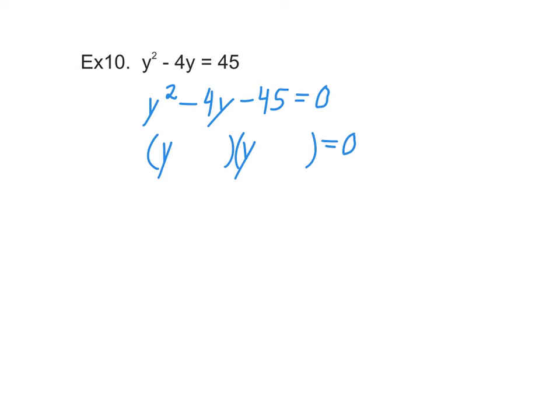I want two numbers that multiply together to give me -45, but add up to be -4. It's a negative number, so I'm going to make one positive and one negative. 45 could be -45 and 1, 45 and -1, 15 and 3, 9 and 5.